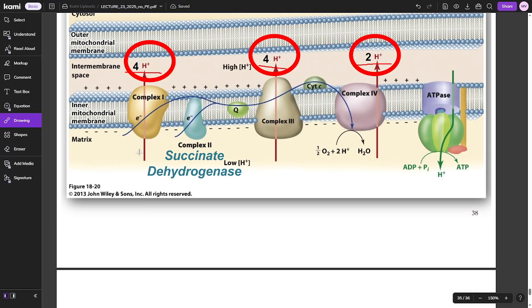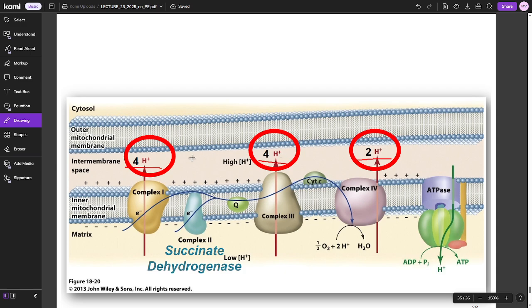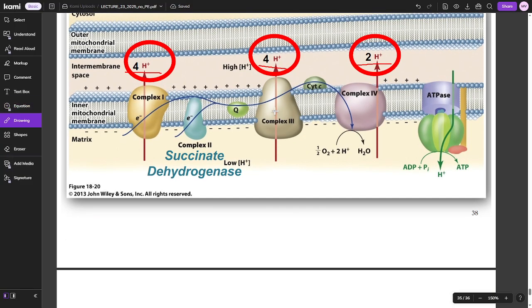And so that's going to be the total amount there. So we're going to get 10 if we do NADH, and 6 if we do FADH2. So draw that out as 10 H pluses from NADH and 6 from FADH2.